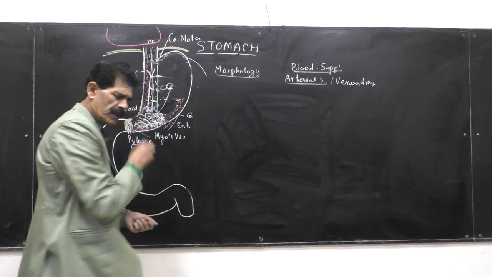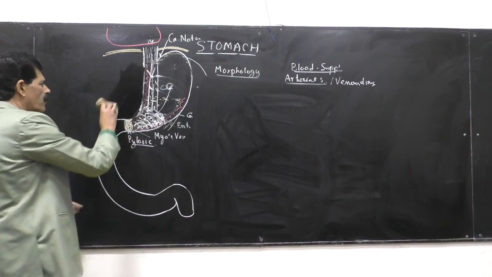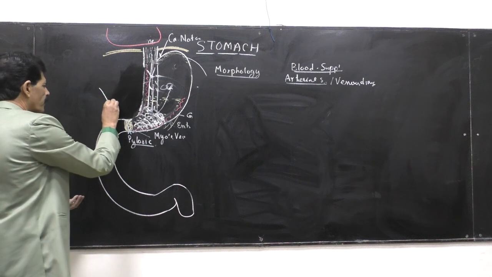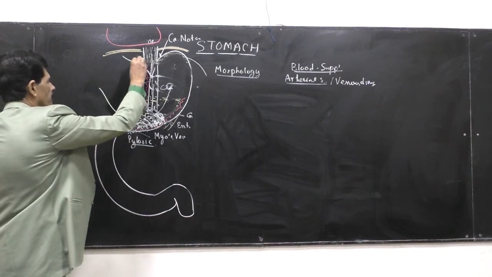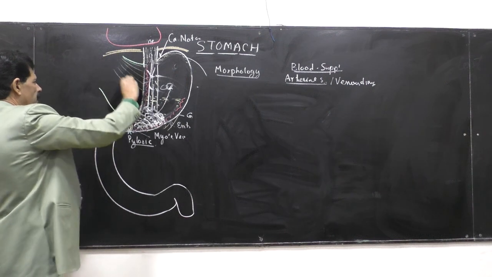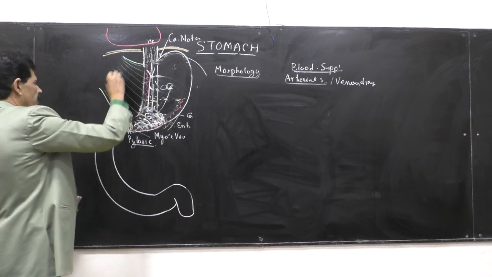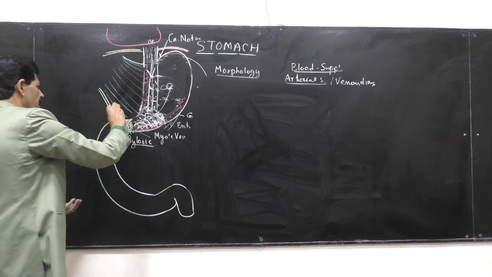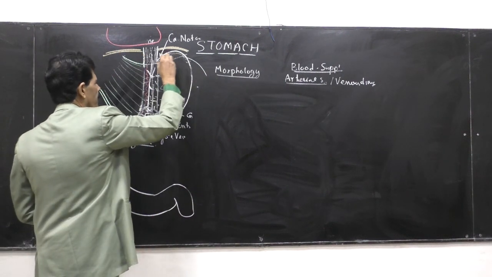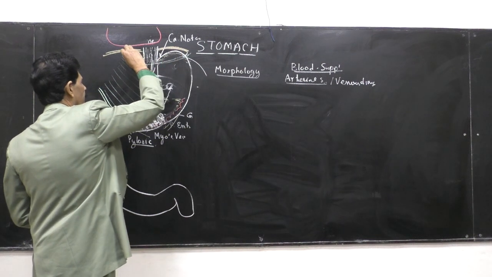Now as we know, the stomach is suspended from the porta hepatis, or from the liver, with the attachment of the two layers of peritoneum that form the lesser omentum, attached to the lesser curvature of the stomach. The upper is layer number 1 and the backside is layer number 2. Layer number 1 covers the anterior surface of the stomach and goes laterally, and it becomes the diaphragmatic surface.